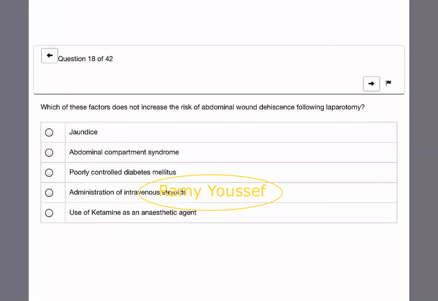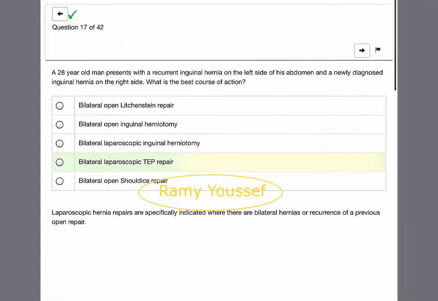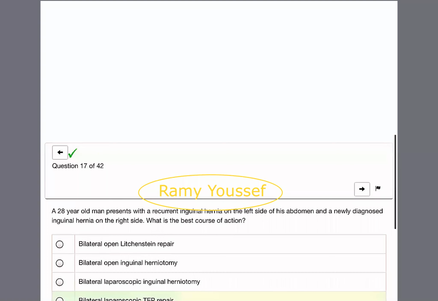Dr. Rami, please, I need to understand it. This is the last question. How do we do TEP repair versus transabdominal preperitoneal, where there will be more adhesion? Can I explain this? When it is a recurrent hernia, it is not a virgin operation.